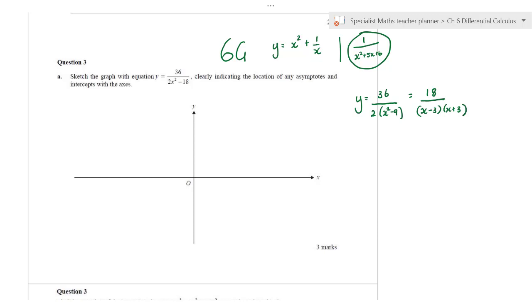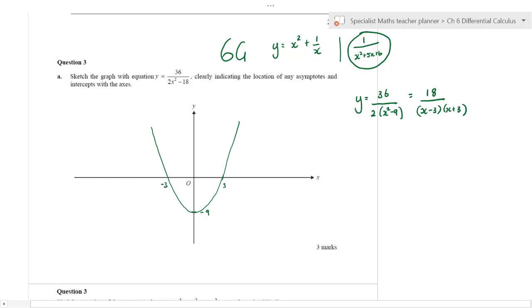We know that if I had x squared minus 9, that is a graph which is going to look like so. You can see the turning point is going to look like that. And here, that would be 3 and minus 3, wouldn't it?